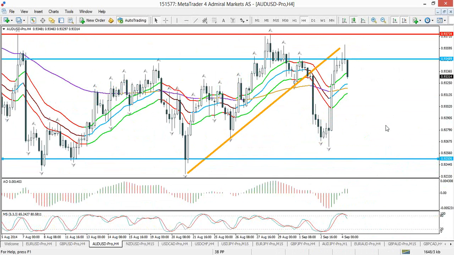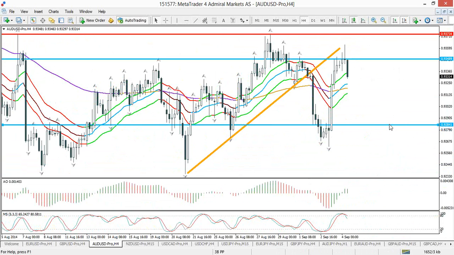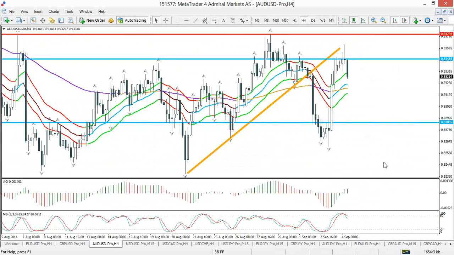If you want a conservative target, I would say aim for 92.86 or something like that. And you're easily looking at 50, about a 2-to-1 trade. Pretty interesting.